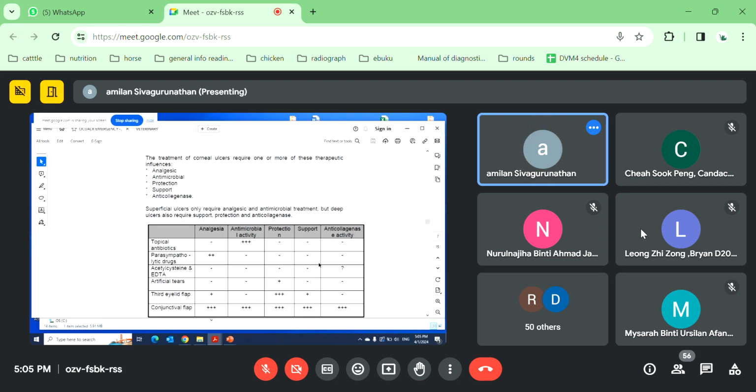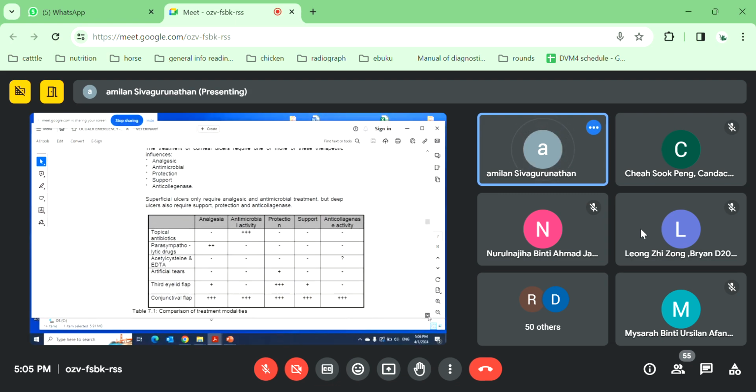In terms of the dash, it means very little, and question mark means it's still present. There is some protection with acetylcysteine and EDTA, but it's hard to quantify the advantages, though there is proven literature on that. And then, of course, the other drugs and the classification of their use.